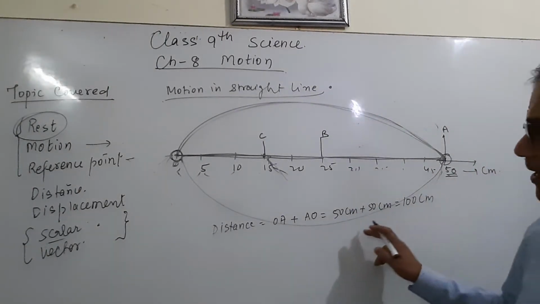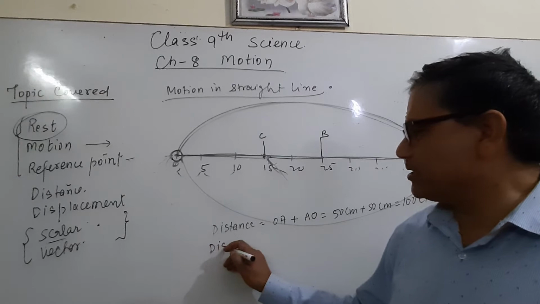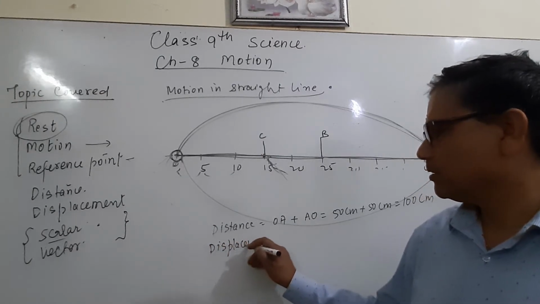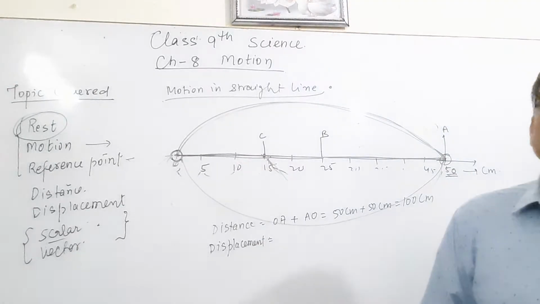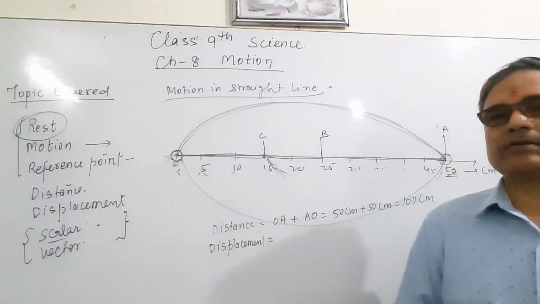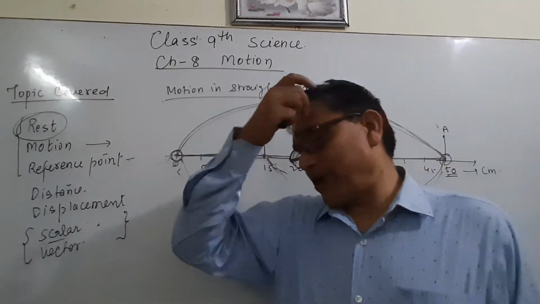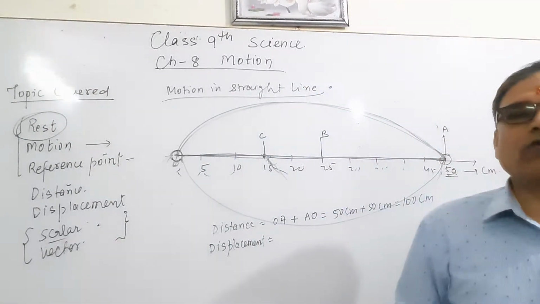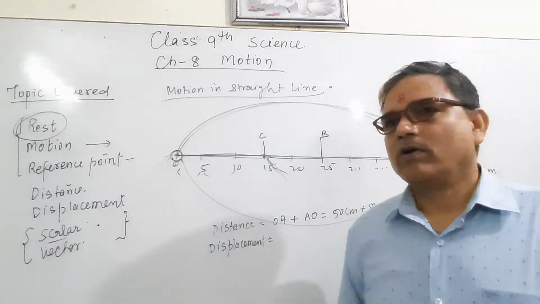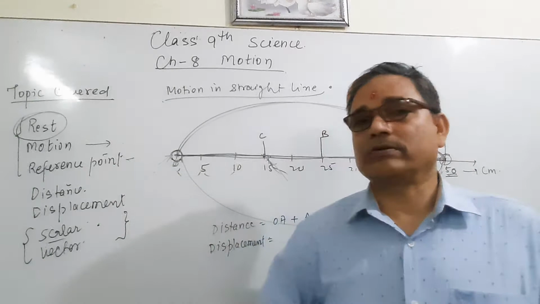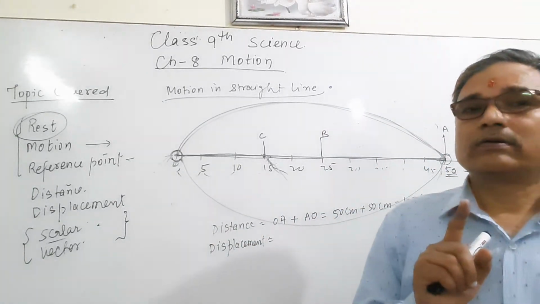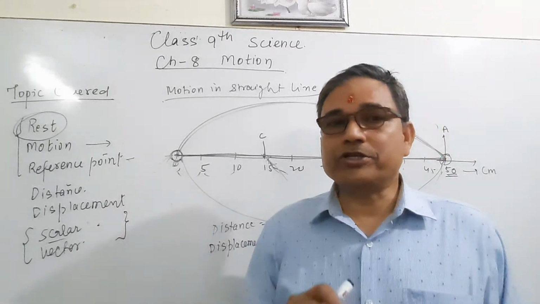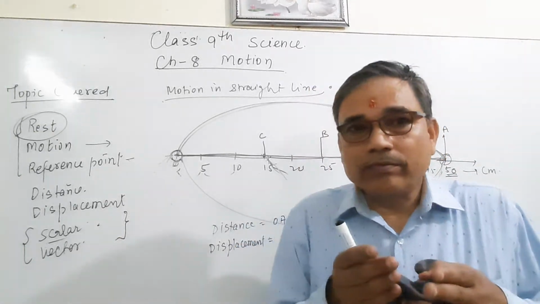But what is the displacement? Where is the initial point? O. From where I start? O. Where I reached? O. It means my initial and final point position is the same.